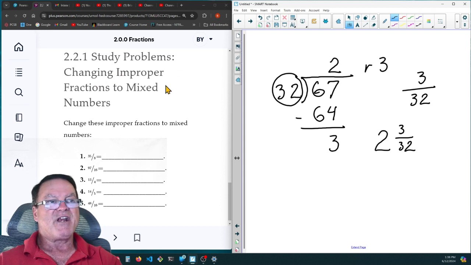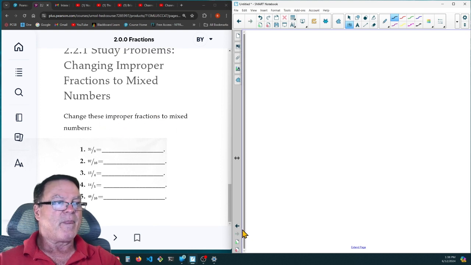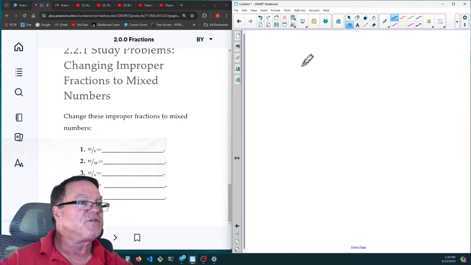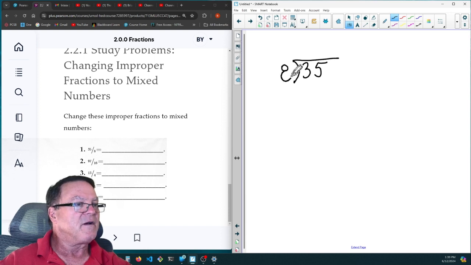2.2.1, study problems. Changing improper fractions to mixed numbers. Change these improper fractions to mixed numbers. So we have 35/8. So first we're going to write the 35, the numerator, 35/8. Put our division bar, and we're going to divide it by 8.